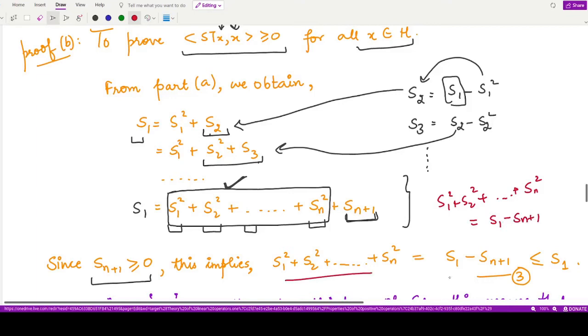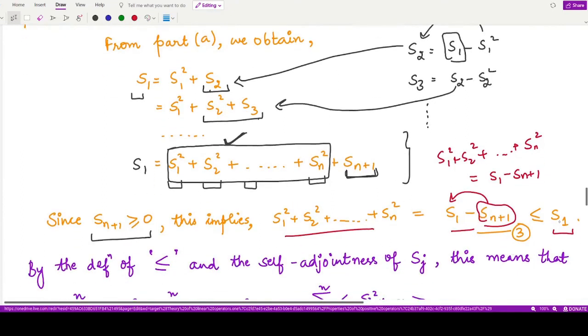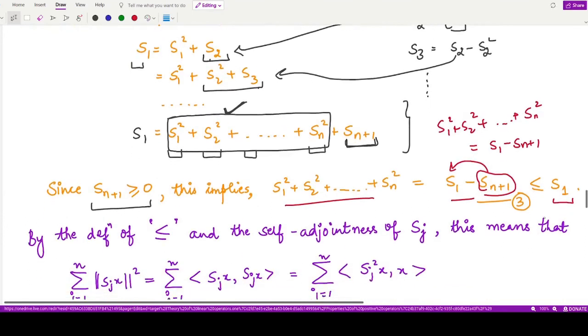So we are again using this thing here, and because this is a positive quantity, if you subtract it from some operator, it would obviously be less than that operator. So S1 minus Sn plus 1 is less than or equal to S1 here. So let's call this equation 3.